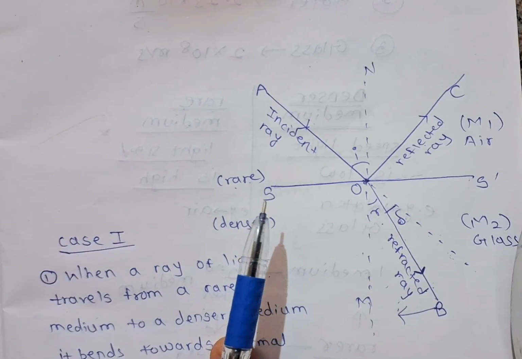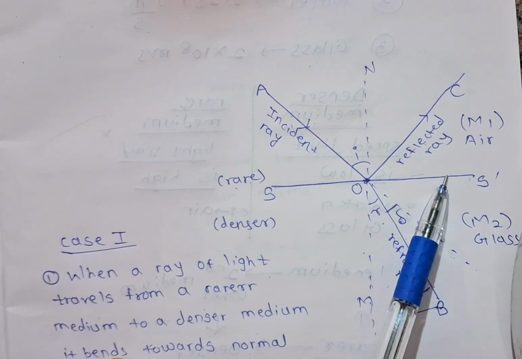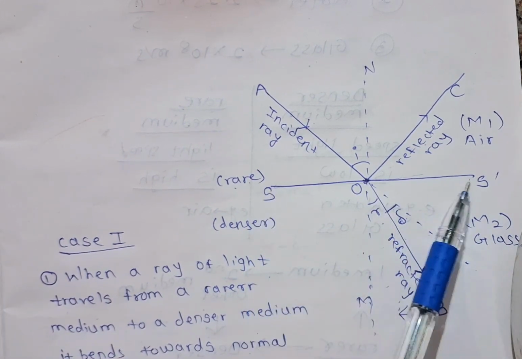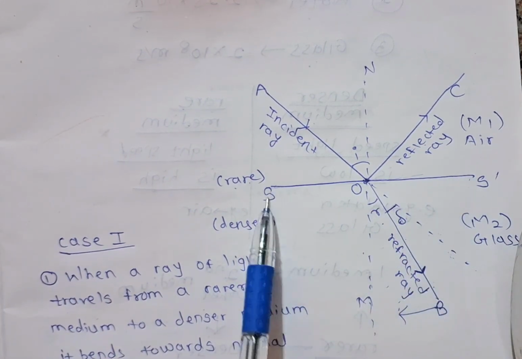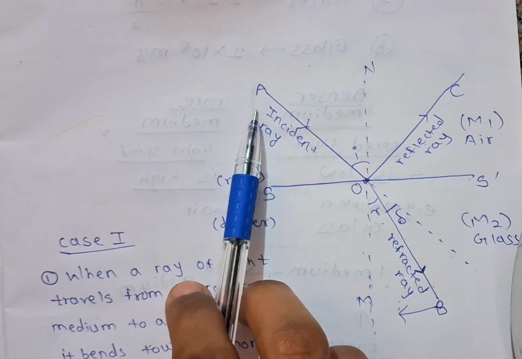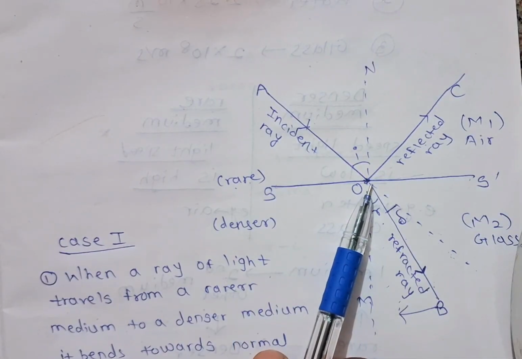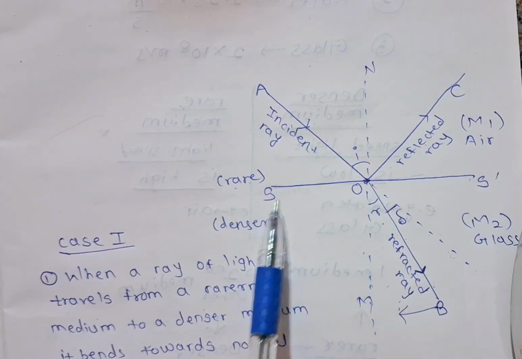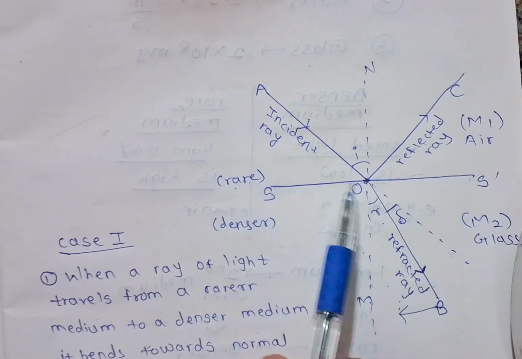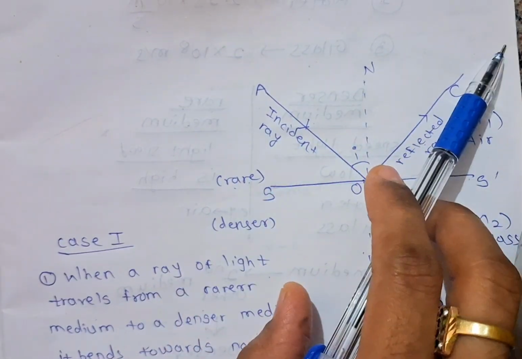This is the diagram of refraction. Here we consider this is a glass slab, named S dash. This is the normal NM. This is an incident ray. It strikes on this glass slab. Now in reflection we saw that if this is a polished surface, the ray returns to only this medium.